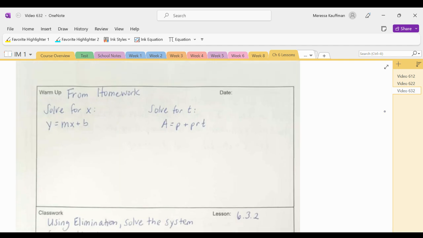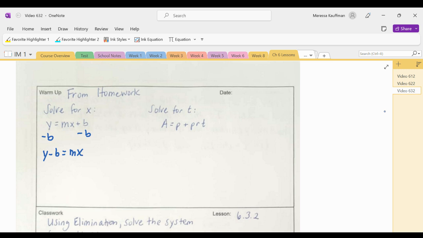Since this is attached to the m, or multiplied by the m, I'm going to subtract both sides of my equation by b. And you notice that y and b are not like terms, so I'm just going to put y minus b equals m times x.